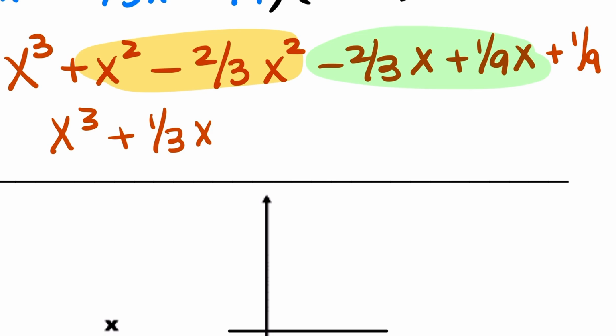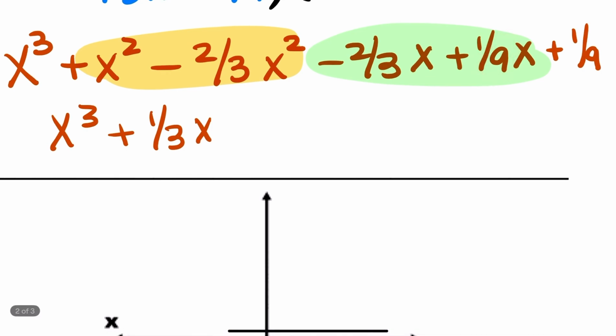That way they'll have the same denominator, which is 9. So 2/3, you would rewrite that as 6/9. So now negative 6/9 plus 1/9 is equal to negative 5/9.